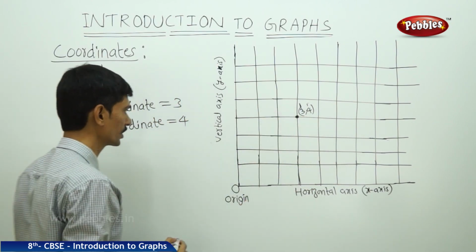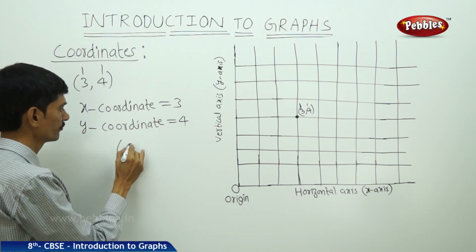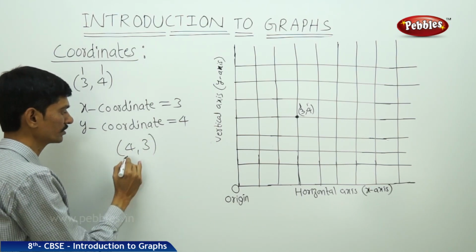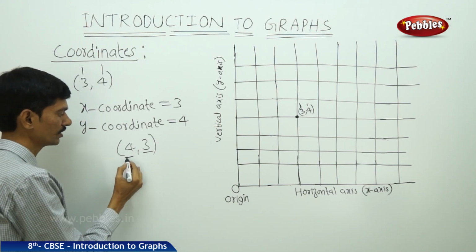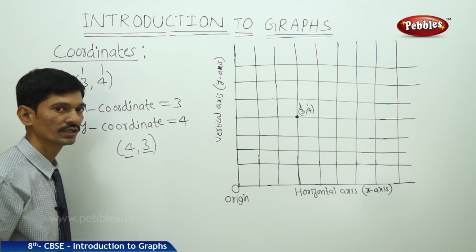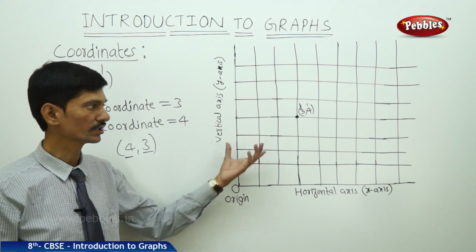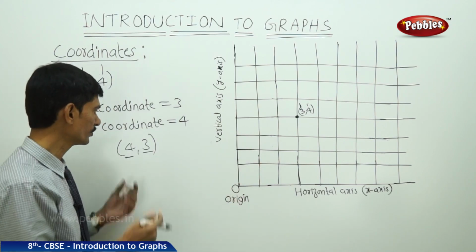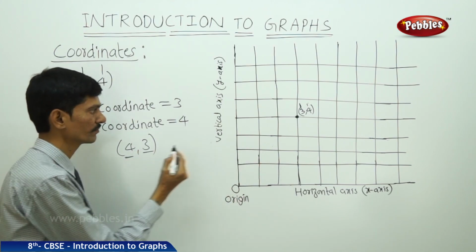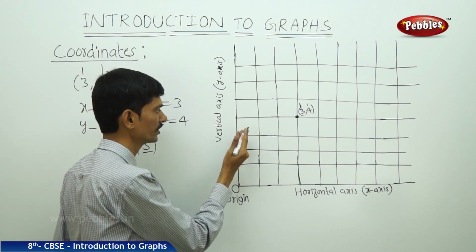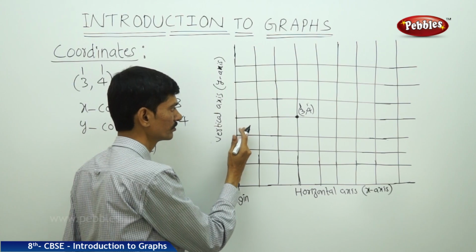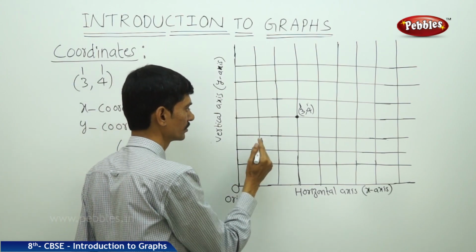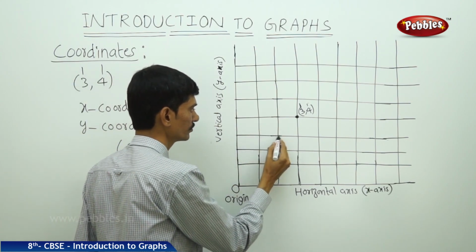Now if you want to locate the point (4, 3), here the x coordinate is 4 and the y coordinate is 3. Then how to locate this point in the Cartesian plane? We have to move 4 centimeters from the left vertical line to the right. So 1, 2, 3, 4.